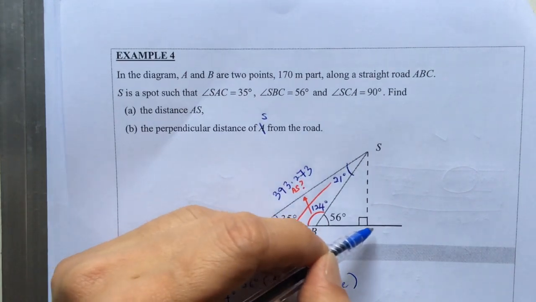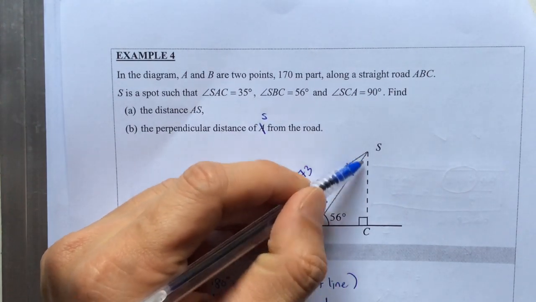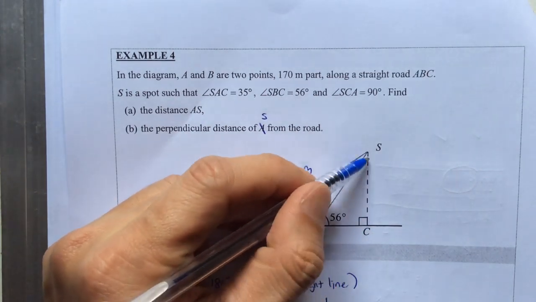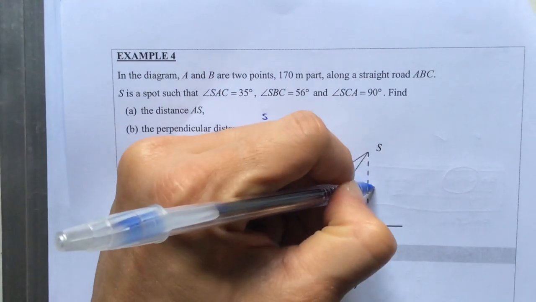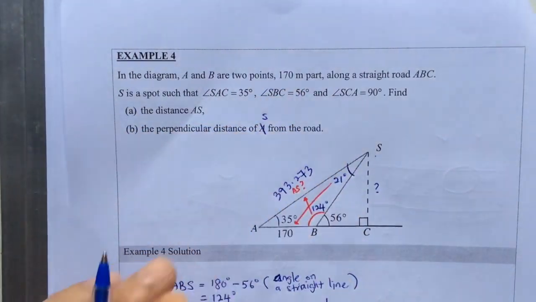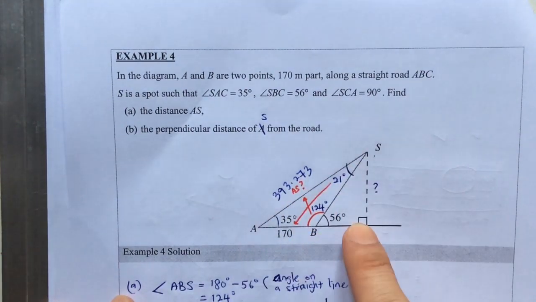So this is the road and you have an S somewhere there, and you drop a perpendicular line, so this is the dotted line, and you're supposed to find this distance, the dotted line here. So this is the one that we want. The diagram is a bit confusing here.